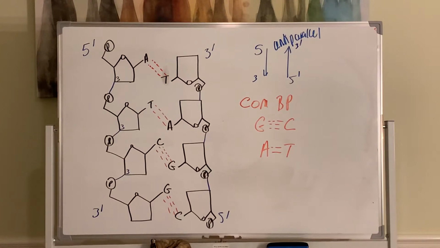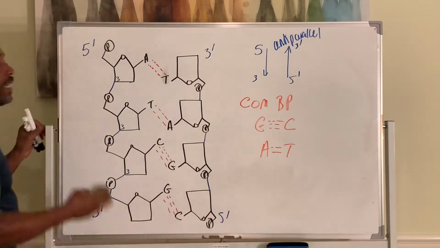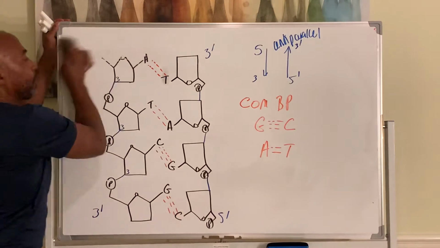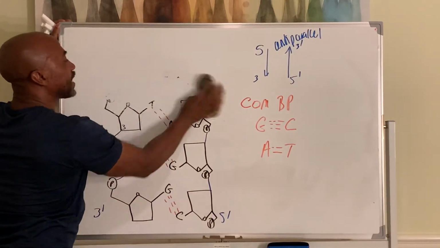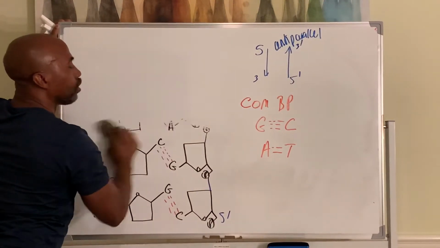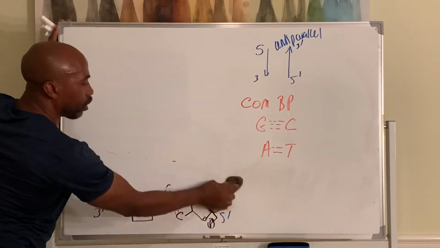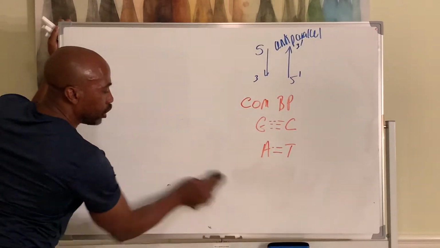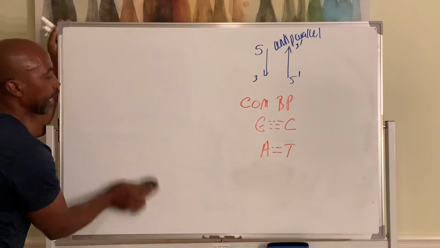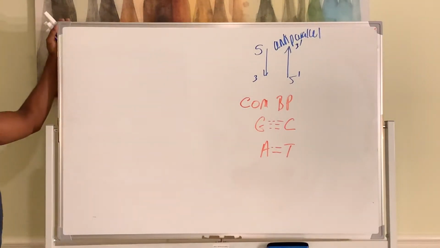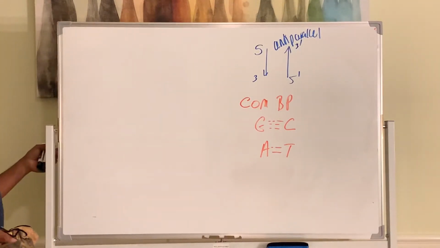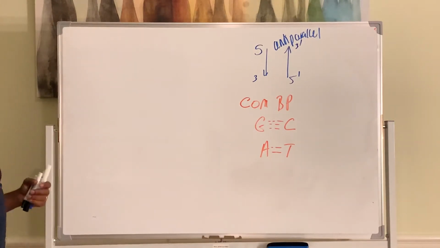Now, all the DNA in your cell. Remember, each cell has the same identical supply of chromosomes. All several trillion cells in the human body have the same exact copy of DNA, the same exact amount of chromosomes.